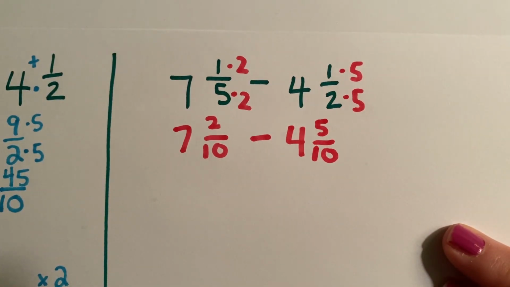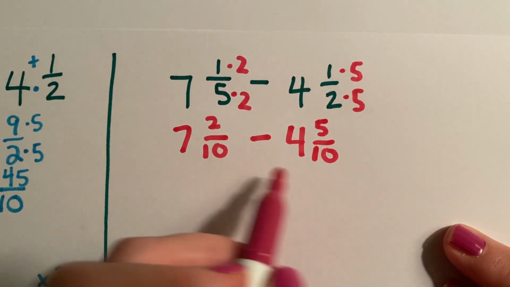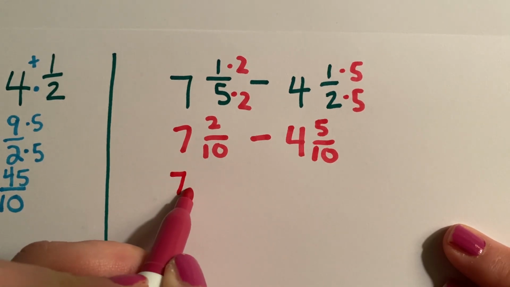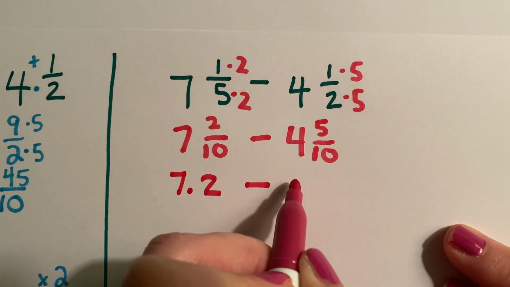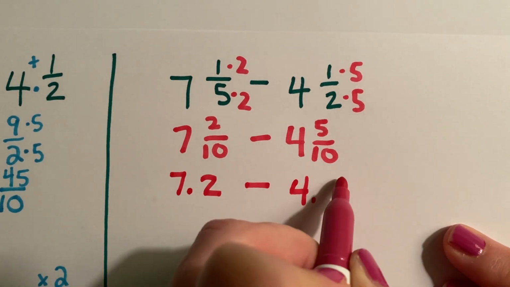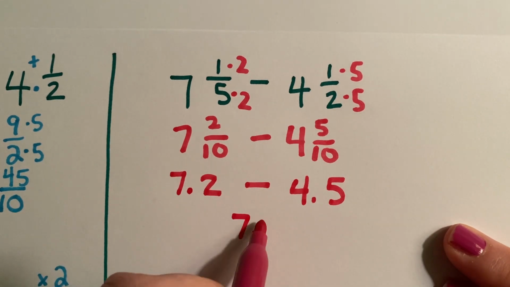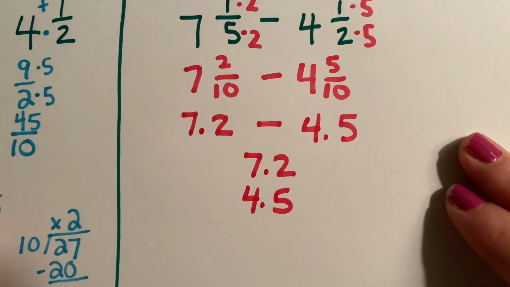Let's change these now because they have a denominator of 10. Let's change them to decimals. So this would be 7 2/10 minus 4 5/10. Let's subtract them by stacking them vertically, decimal point aligned.